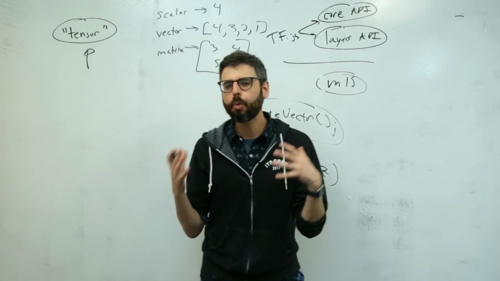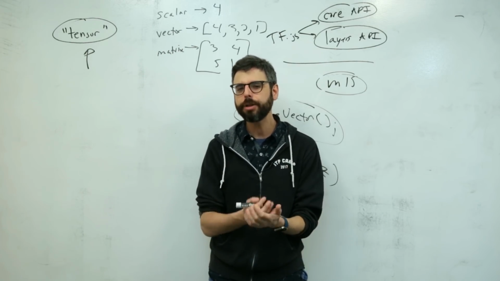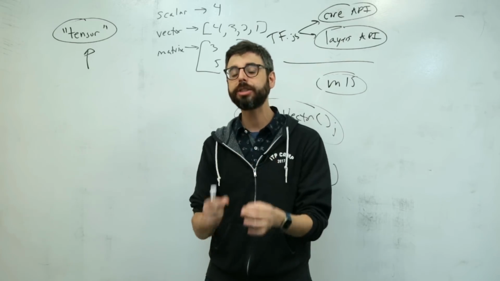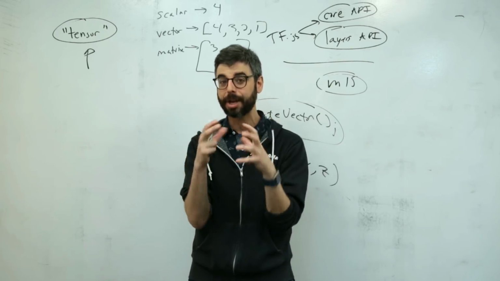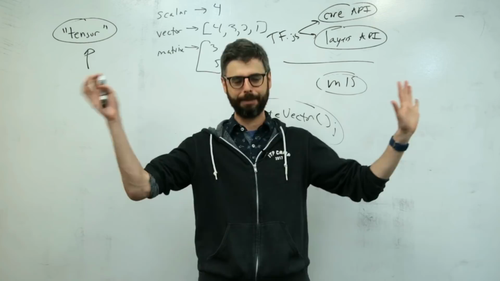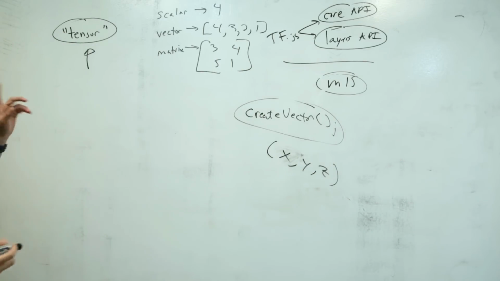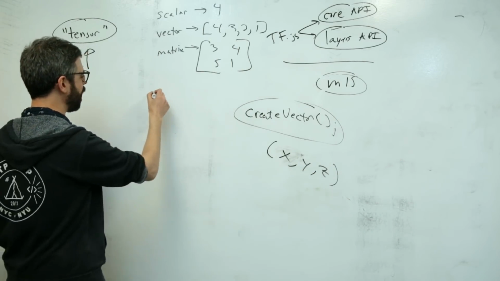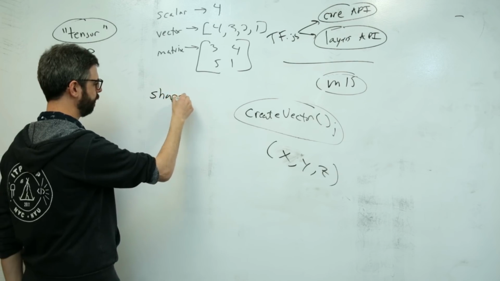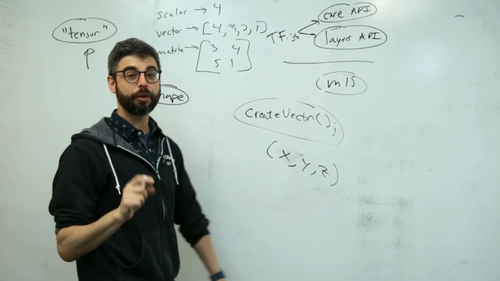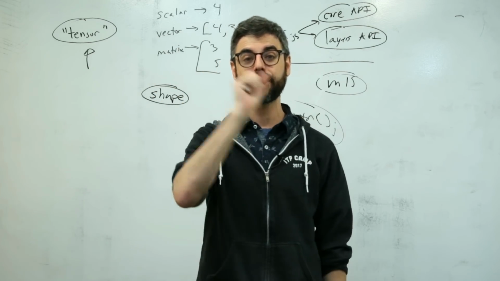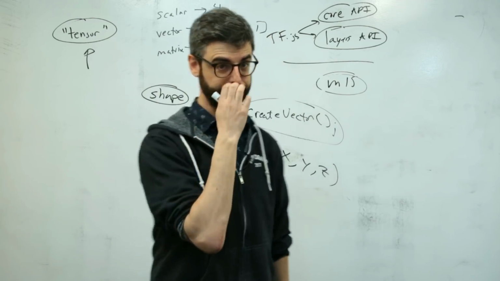But if you're working with TensorFlow.js, you want to, to the extent possible, use the functions that specify something about the shape. So what do I mean by shape? Oh boy. So here's a really important concept, a shape. The shape refers to the dimensions of the tensor.